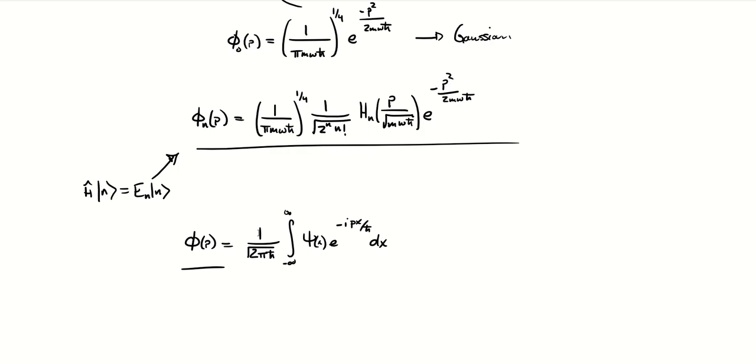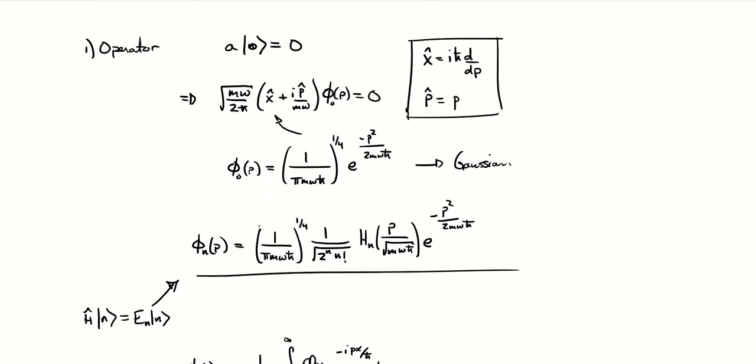In general, if we want some momentum space wave function, take the Fourier transform of the position space wave function. If we wanted a specific eigenstate, we would look at the position space wave function of that state. If we look at the n equals 0 state, well, this is a Gaussian. The Fourier transform of a Gaussian is another Gaussian, and we get back the same thing we had here.